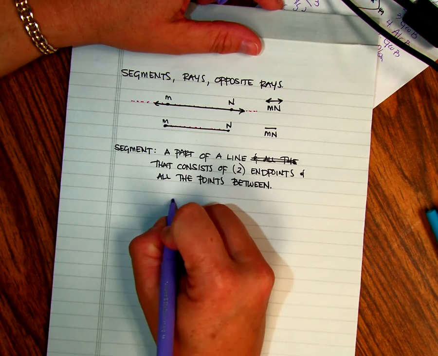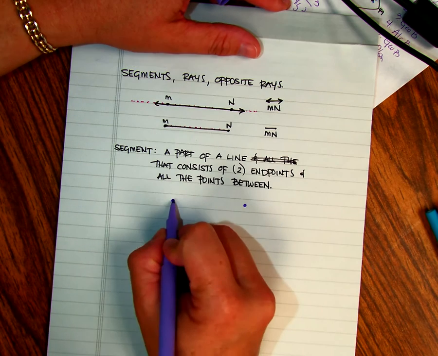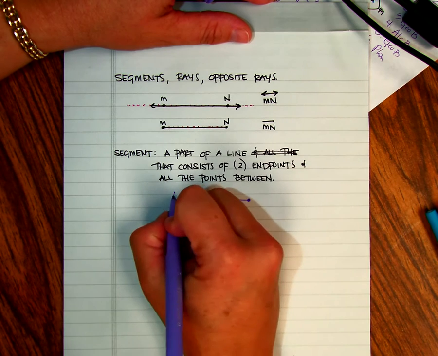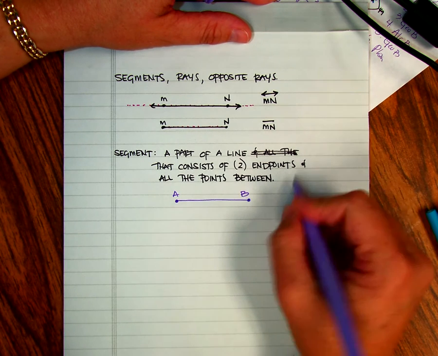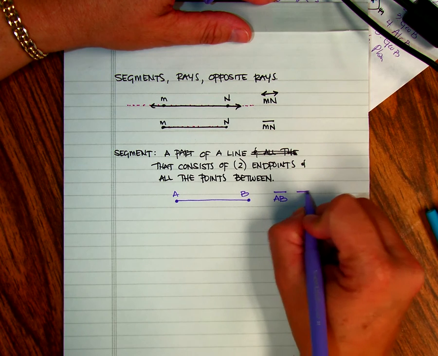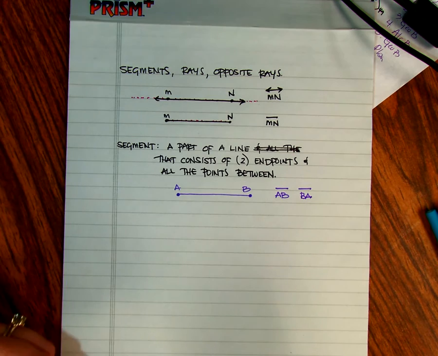So if I am talking about two endpoints and all the points in between, I'm thinking of that. And I would label this as either segment AB, notice no arrowheads, or segment BA, same exact.